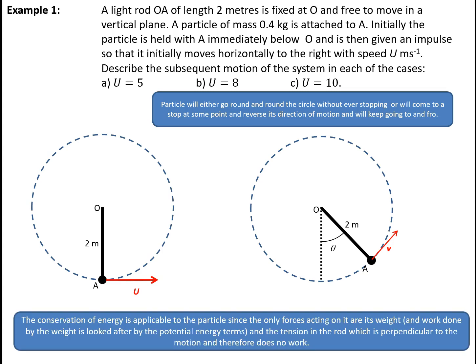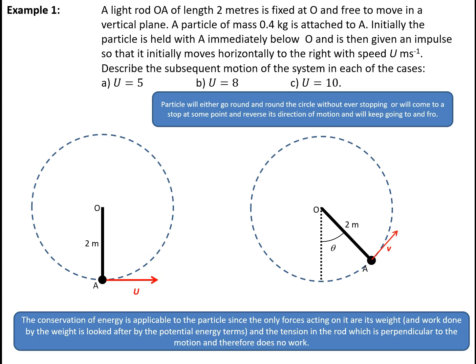Now we're going to apply the conservation of energy to the problem, and we can apply it since the only forces acting on the particle are its weight, and the work done by the weight is always looked after by the potential energy term when we apply the conservation of energy.